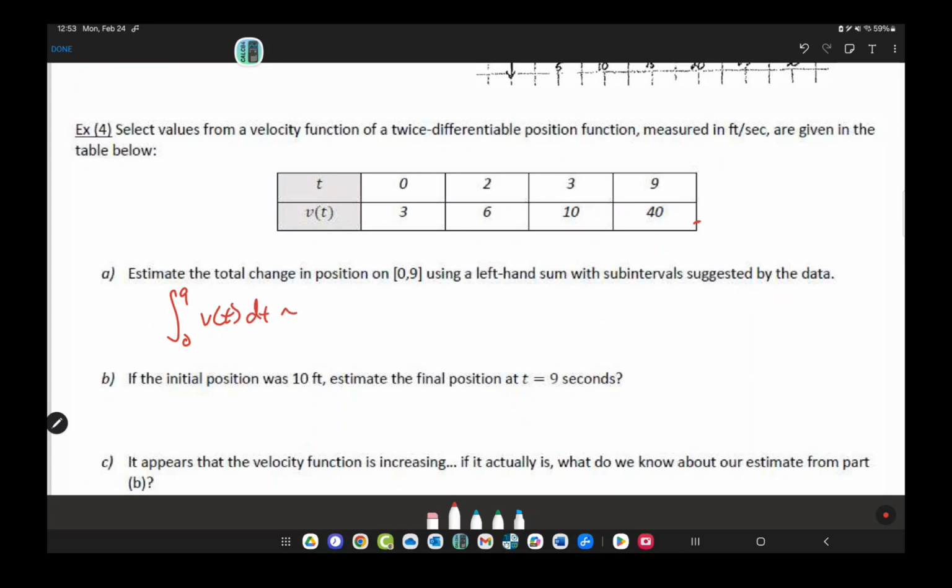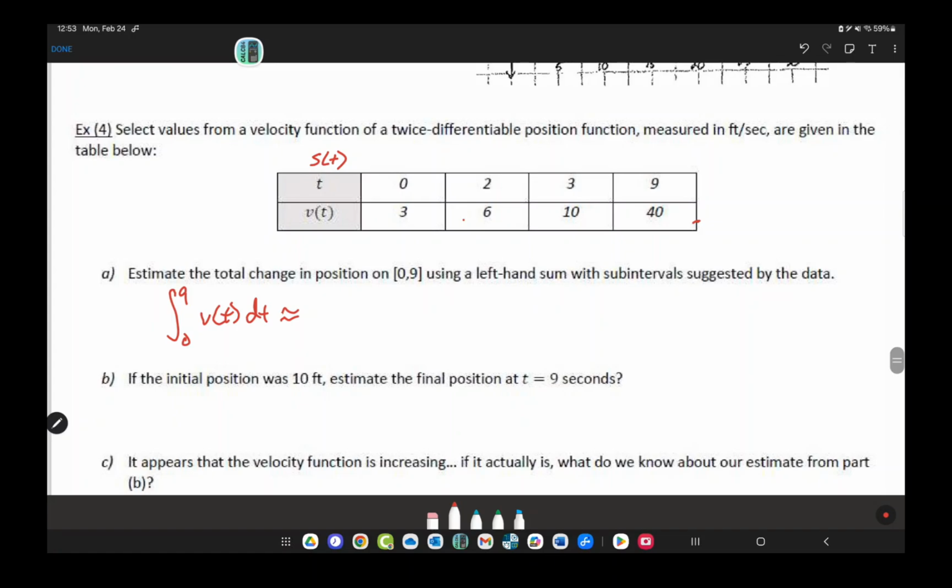Okay? So here we are starting at 0. Okay, starting at 0. So we'll try to create an s of t.